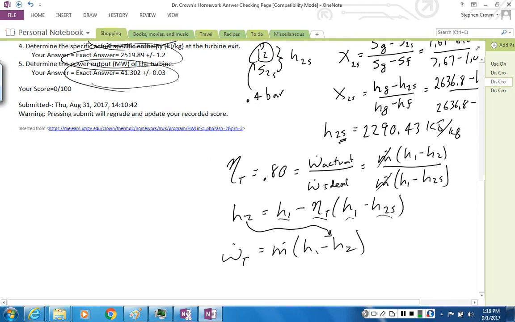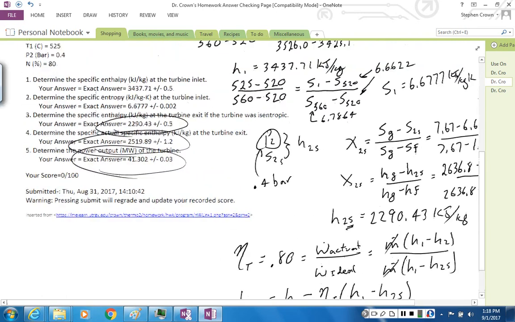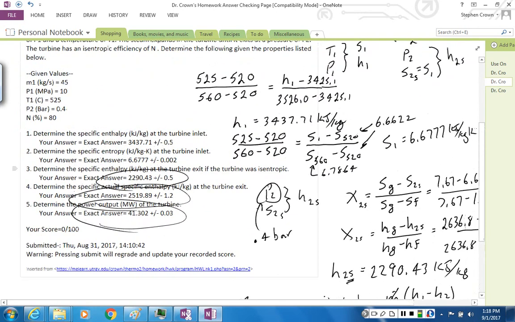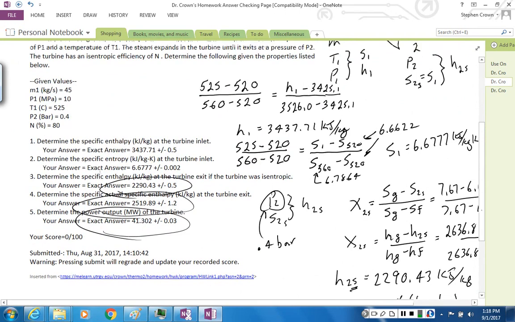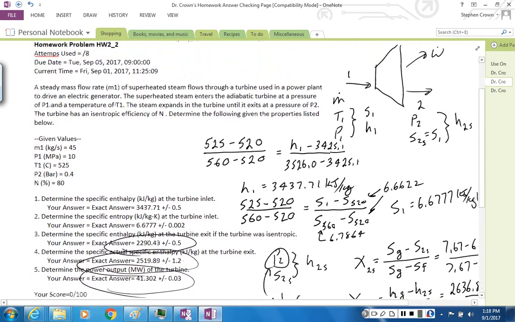I'm not going to work out the final numbers here, but I will point out one thing, that my enthalpies are in kilojoules per kilogram. I'm trying to find mass flow right there.